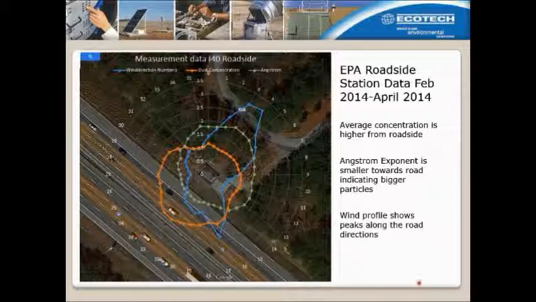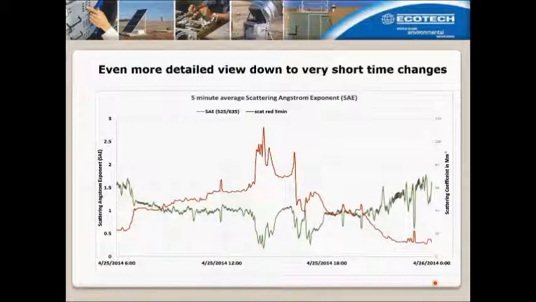So this is information you wouldn't have been able to obtain by just measuring the concentration. You can look even a little bit more in detail, and that shows you how high a dynamic range you have with a nephelometer. These are 5-minute average numbers, and you see very nicely the scattering coefficient again.